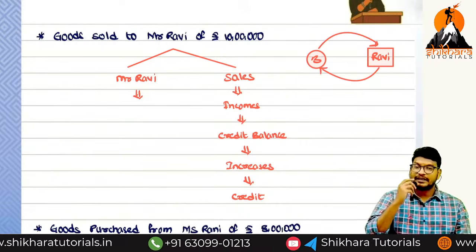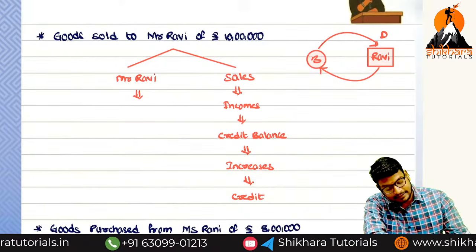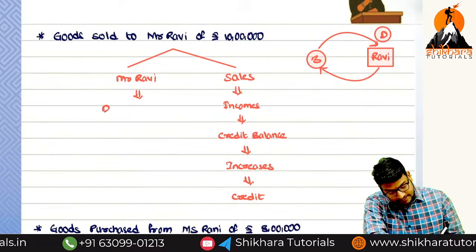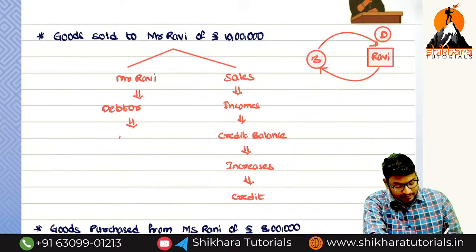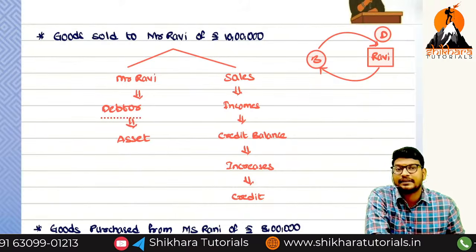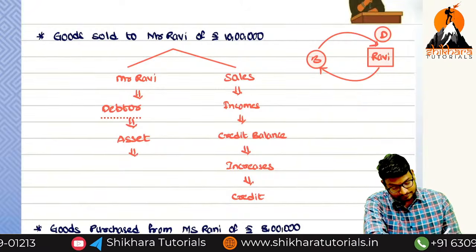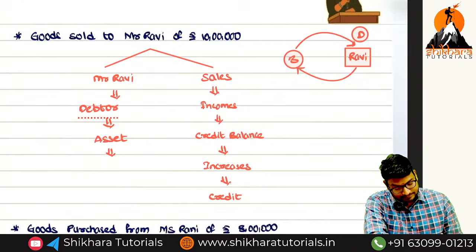So if we are in a receivable capacity, the opposite person is called a debtor or a creditor? Debtor. So now I am deciding this person is a debtor. Debtor means asset or liability? Debtor means asset. Creditor means it is a liability. Asset will have which balance? Asset will have the debit balance.